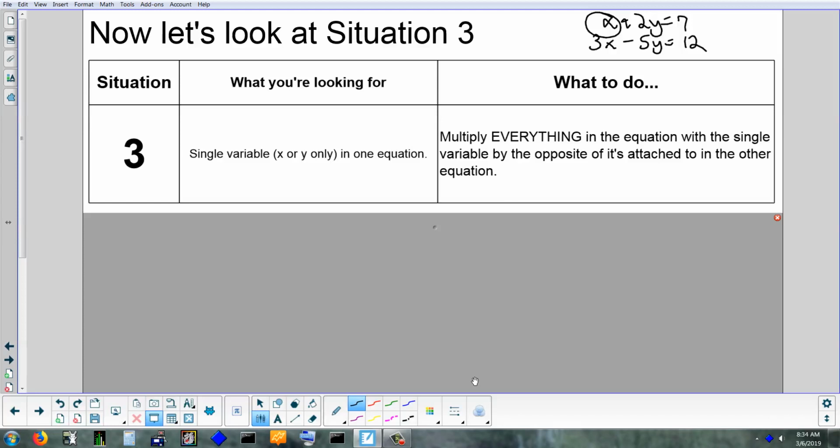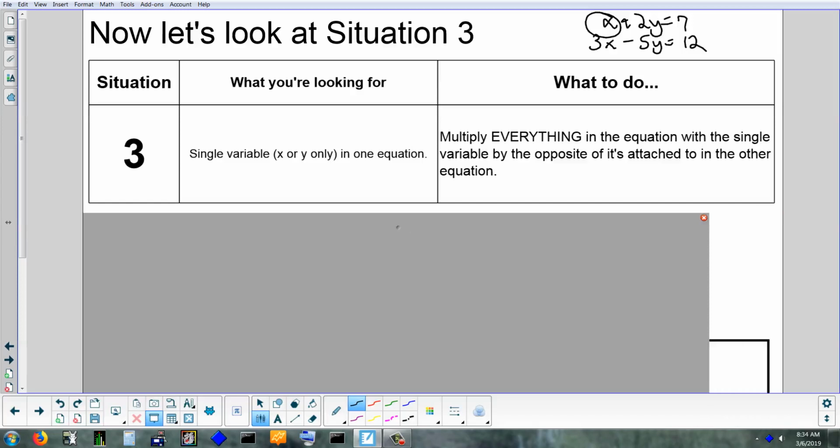Meaning, if I was looking at this one, x is my single variable. I look in the other equation. What's attached to that variable, x, is 3. I would multiply everything in that top equation by -3. That's what I mean. I want to multiply everything by the opposite of what's attached to the same variable in the other equation.